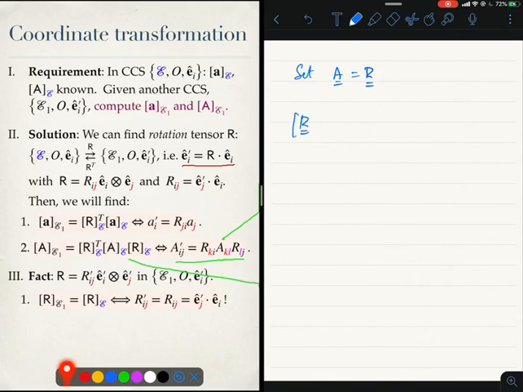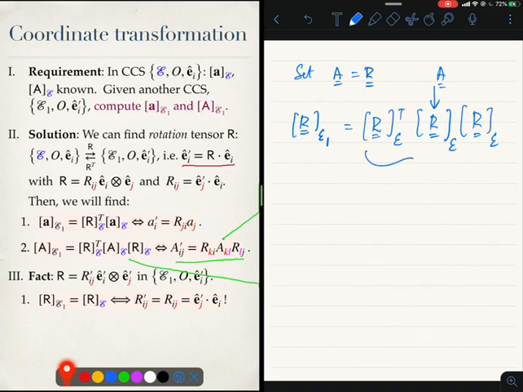I will get R in E1 must be R transpose in E, A in E, R in E, but this creature is 1, so that this becomes R in E, which is what I intended to show you. So that means the components of R in the coordinate systems which are related by R are exactly the same.